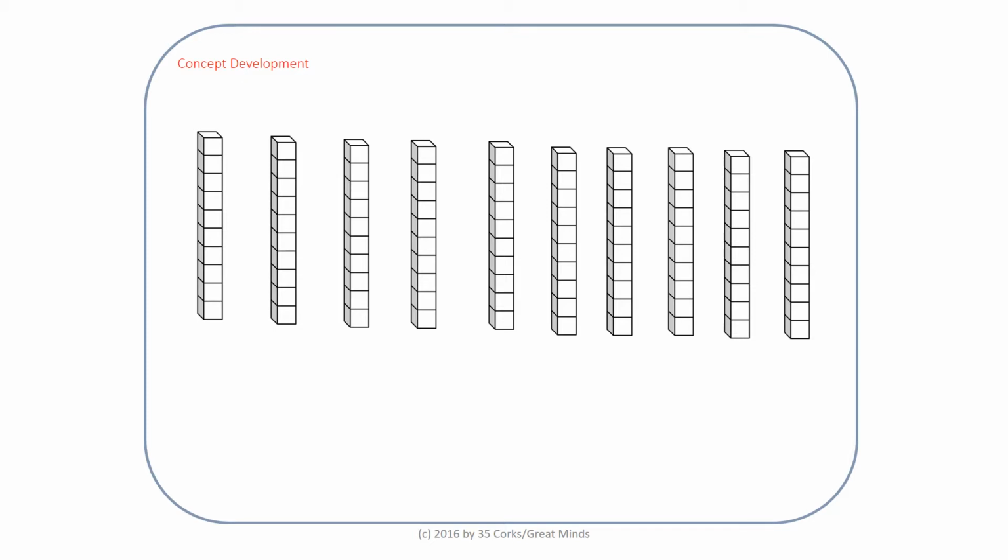I want you to quickly count them and write down the number of cubes you have. So how many linking cubes are here? 100. You could have counted by counting 10, 20, 30, 40, 50, 60, 70, 80, 90, 100.